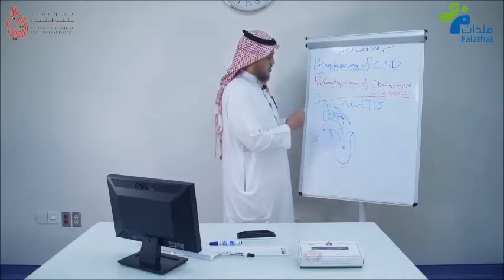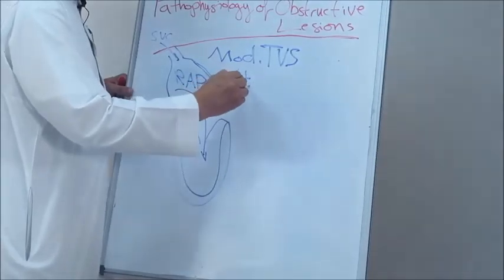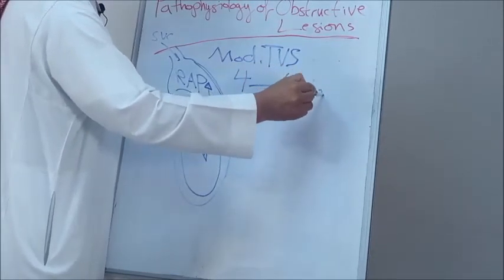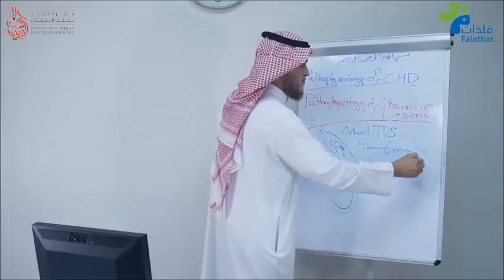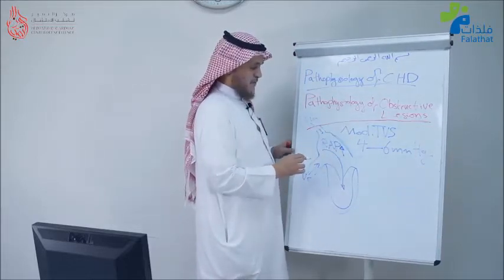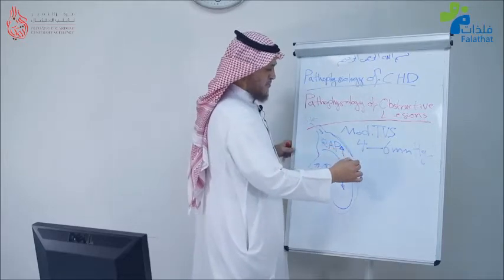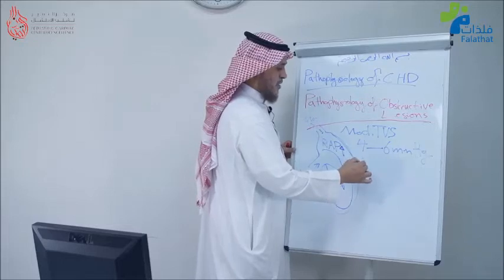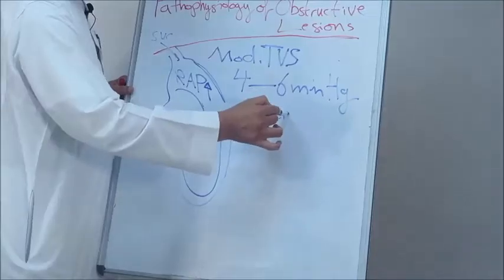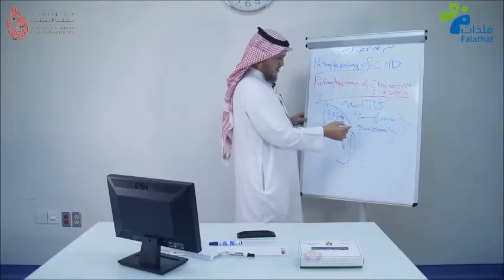Normally, the right atrial pressure is anything between 4 to 6, maybe to 8 millimeter mercury. So in a moderate tricuspid stenosis, this pressure may elevate up to anything between 8 to 10 millimeter mercury. You see, the difference is not that much.